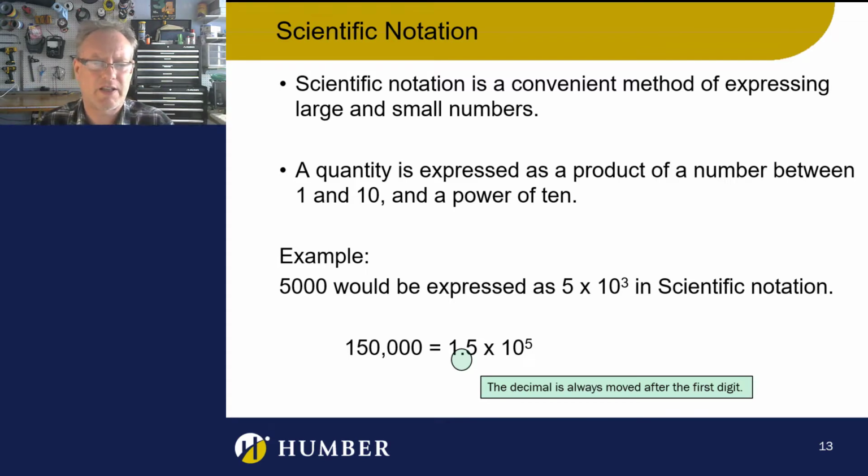I mean, you know how this works. Let me just show you an example. What scientific notation is, the decimal always goes after the first digit. The first digit, the decimal goes right after, just like that. So as long as the decimal is after the first digit, then it's scientific notation, but it can be engineering notation as well. How does that work? Let's look at some examples.